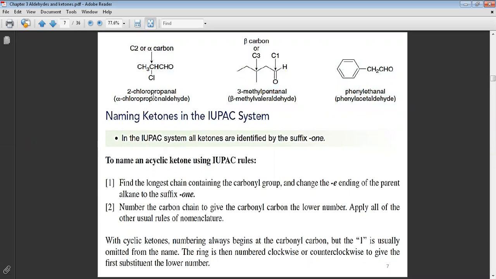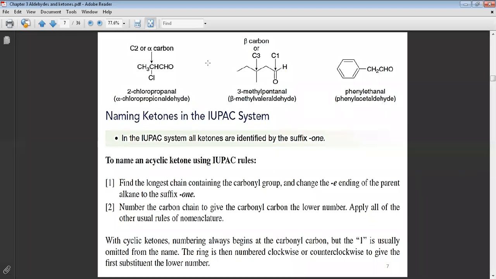Here also, naming ketones by using the IUPAC system. If you want, you can use the IUPAC system or the common system.